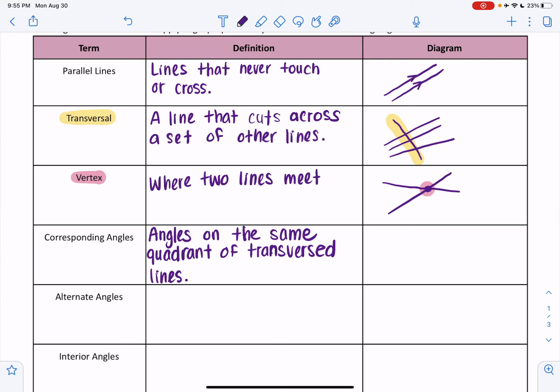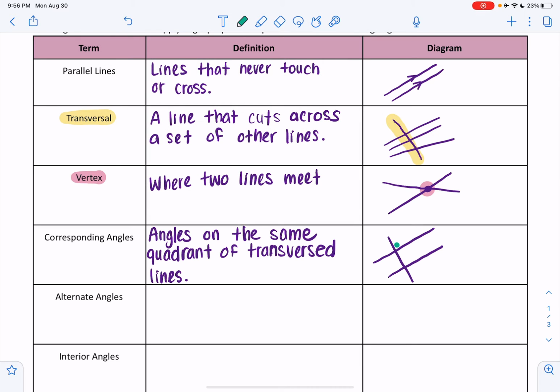There we go. So it means transverse lines because in order to have corresponding angles, I need to first have two lines like this with a transversal between them. So I have my two lines and then the one that cuts across them. Now, corresponding angles are these angles right here.